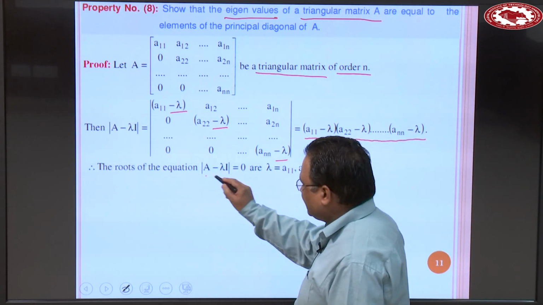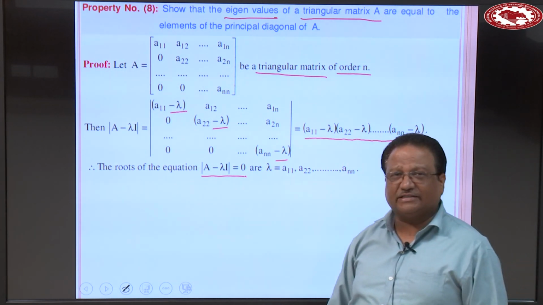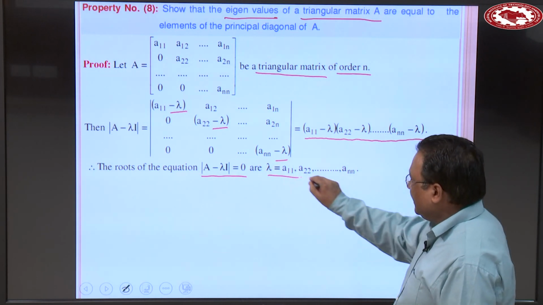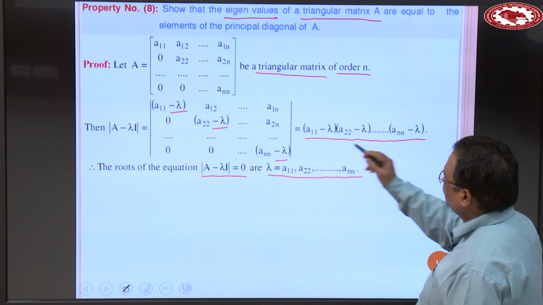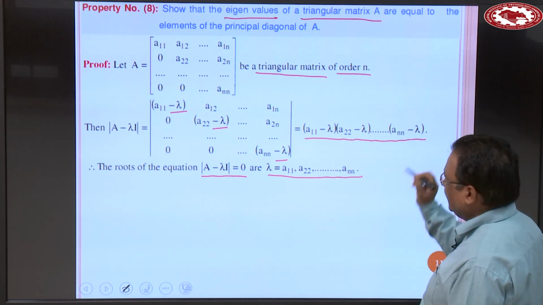Meaning determinant A minus lambda I is equal to 0. The roots of this equation are nothing but known as eigenvalues. So what are the roots? Roots are lambda is equal to A11, A22, Ann. This result is equal to 0 means lambda is A11, lambda is A22, lambda is Ann. Clear?